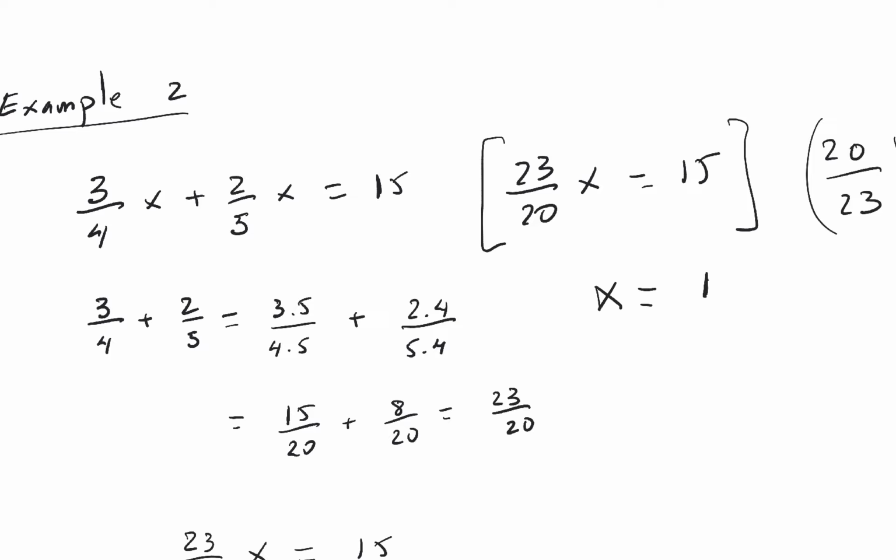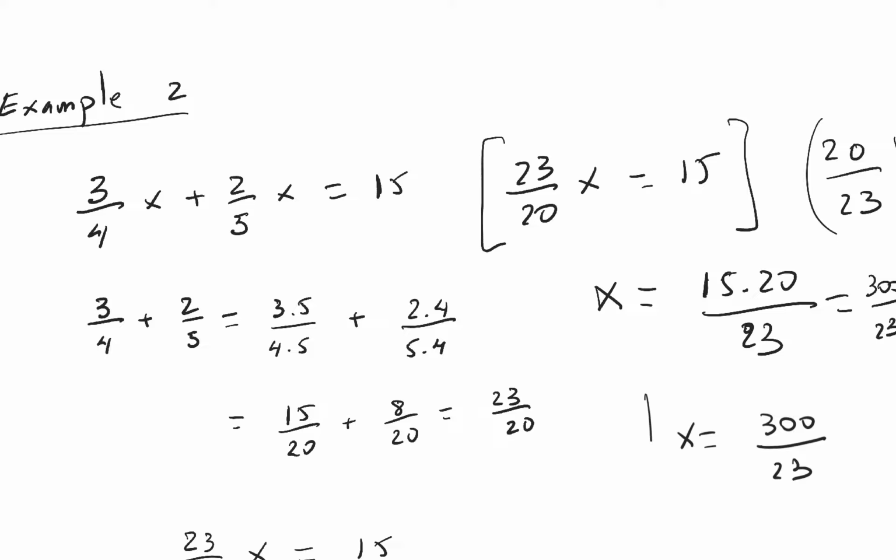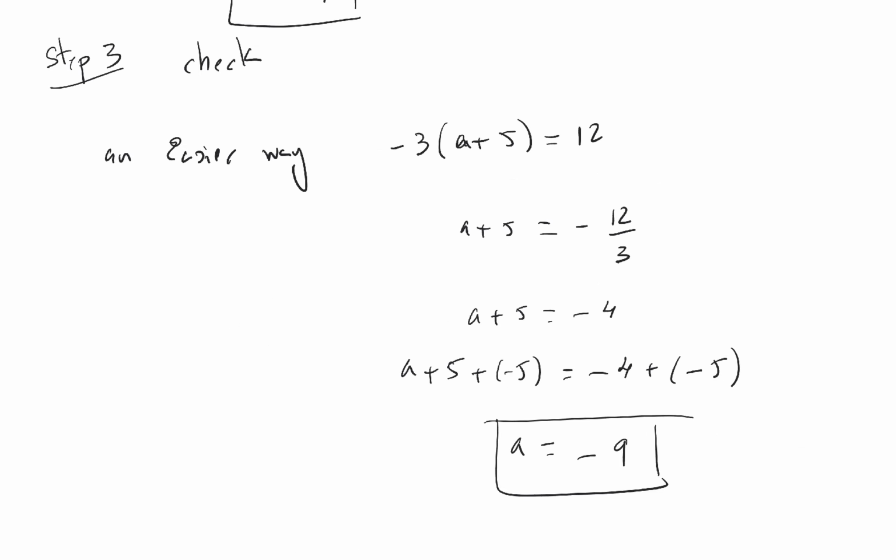And on the right side we'll have 15 multiplied by 20 divided by 23, or in other words, 300 divided by 23. So the solution is 300 divided by 23 and it cannot be reduced because 23 is a prime number. Okay, let's do another problem.